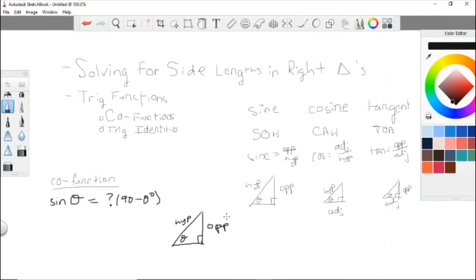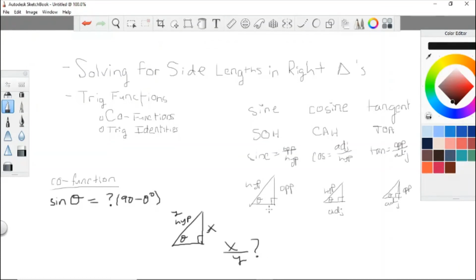So then what would we need to get the same opposite over the hypotenuse? Let's just say x and y, so we can visualize it. How would we get x over y? What is another way we can do that without using sine?